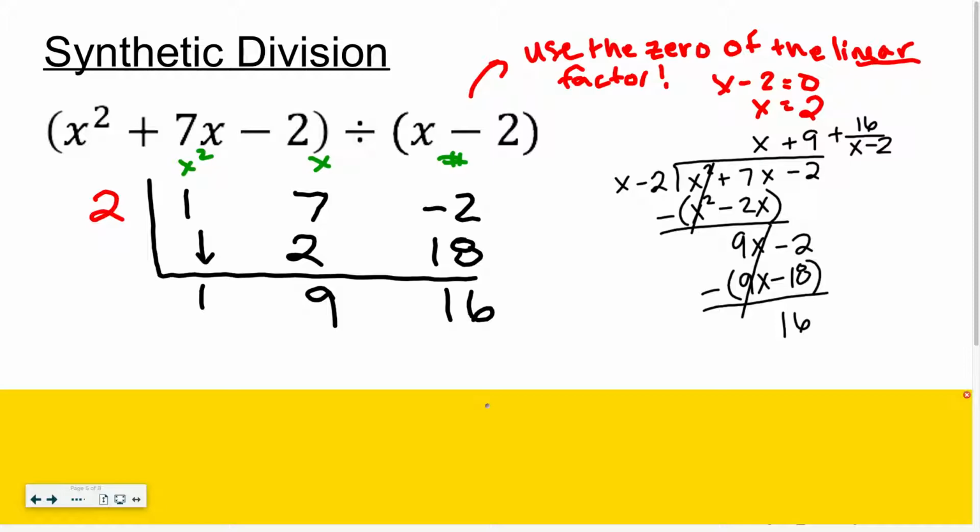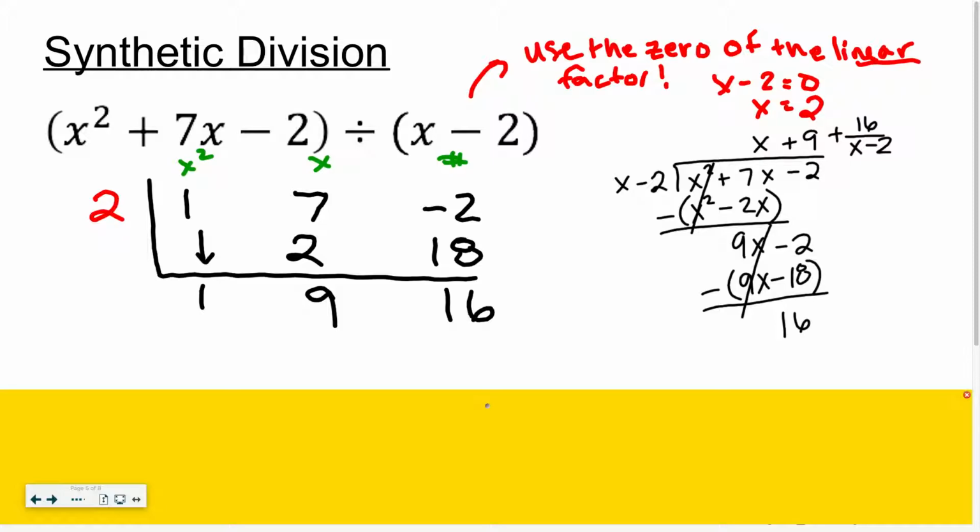Do those numbers look familiar to you? Yeah. Notice like the 2 and the 18, we saw those numbers in our long division. The 1, the 9, and the 16, those are in our answer. One reason why in the beginning I like to put x squared, x, and a number on the top here is, if I think about the fact that I took a quadratic, an x squared, and I divided it by a linear factor x, then everything in the answer goes down by 1.